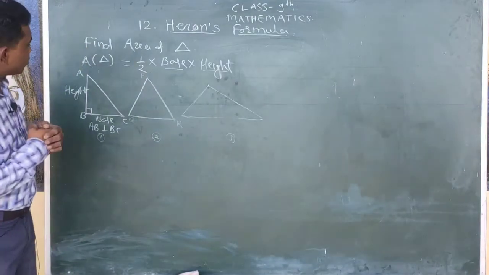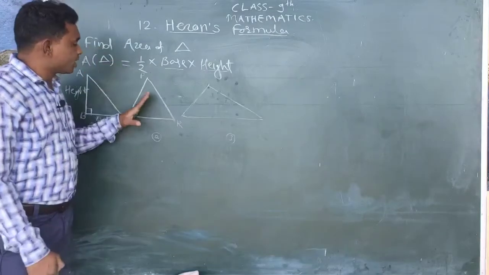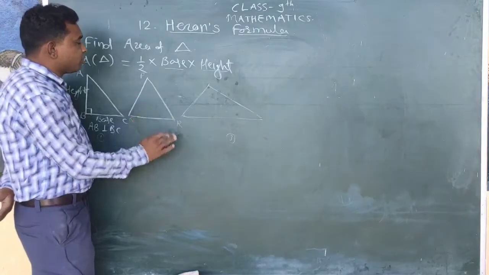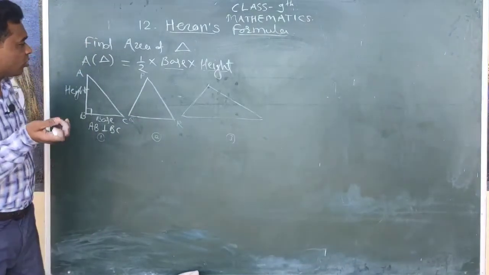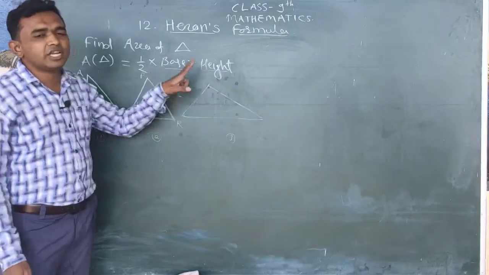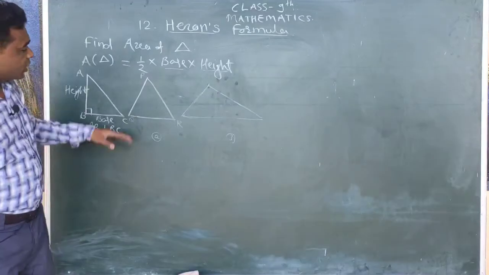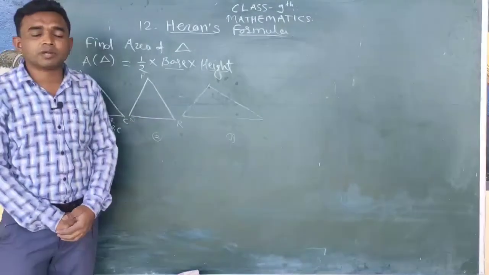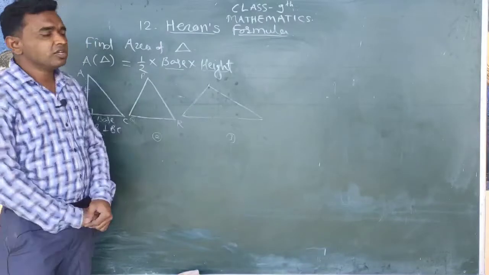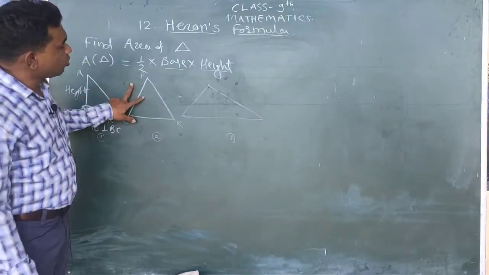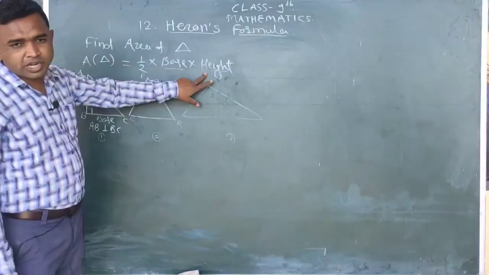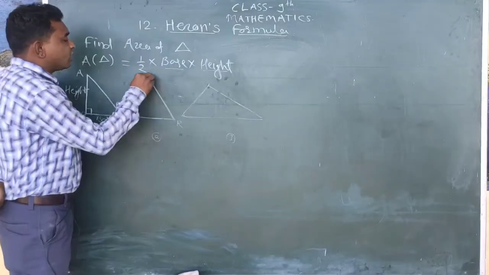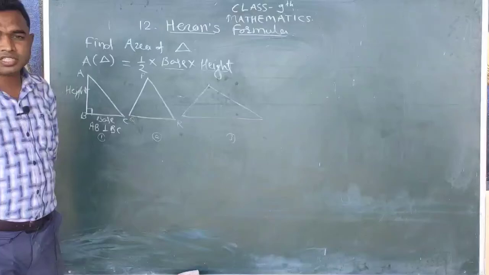Now we are going to find the area of triangle PQR. But in triangle PQR, we are somewhat confused about which one is the base and which one is the height, because no two sides are perpendicular to each other. That means no height is present and the base is also not present. So to find the area of this triangle, a height is required.